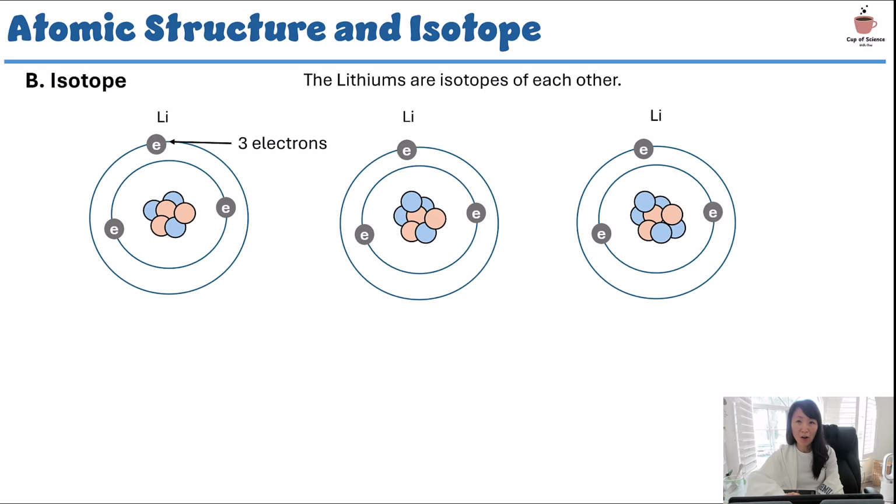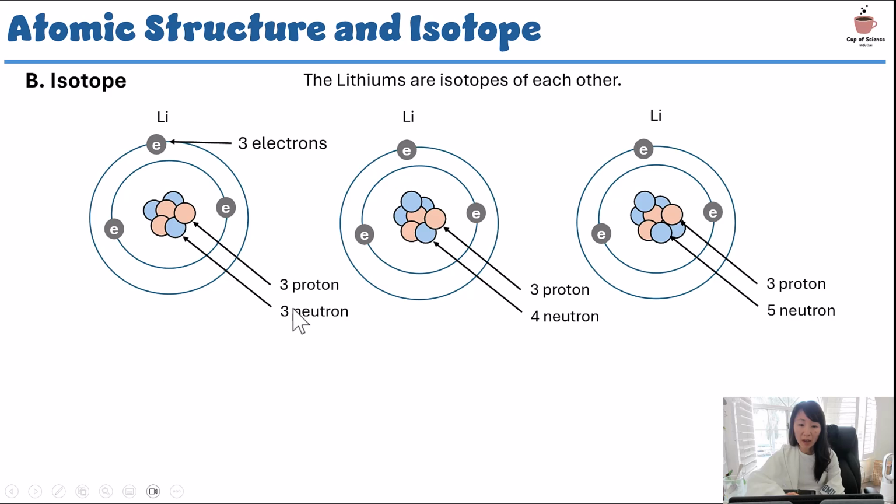Now let's look at all of these 3. This is a lithium, lithium, and lithium. How do I know? That's because it has 3 protons, 3 protons, and 3 protons. They all have 3 electrons. But if you look very closely at the neutrons, the number of neutrons does differ across these images.